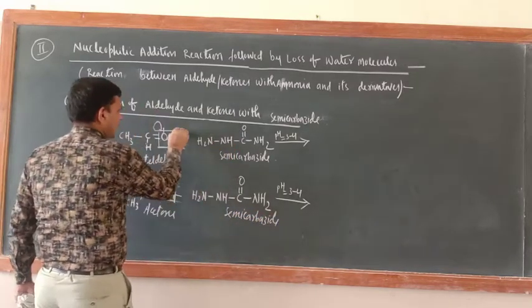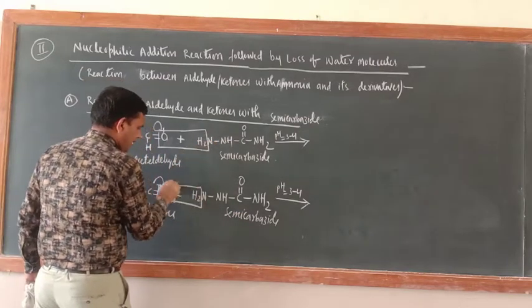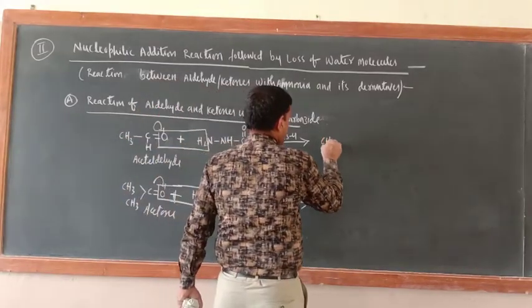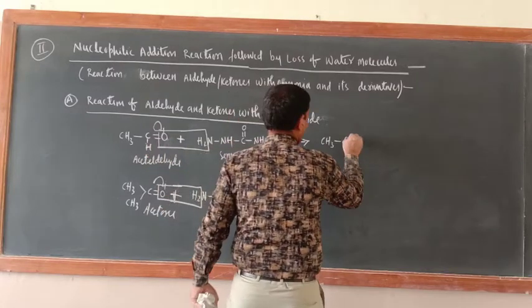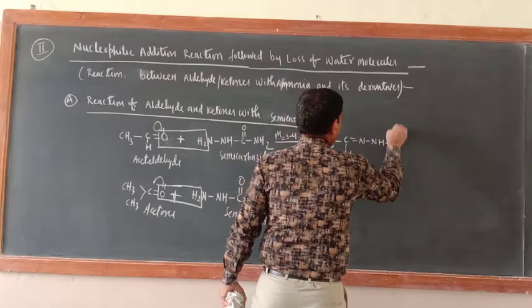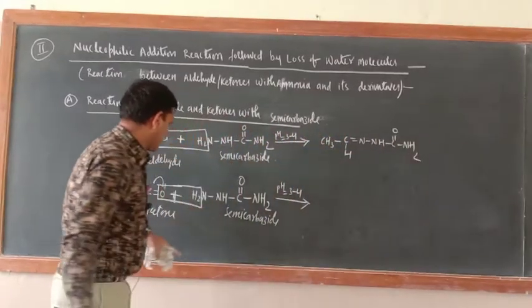Here H2O just remove, here also H2O remove. So now what is the product here? The product is CH3CH double bond N-NHCONH2.